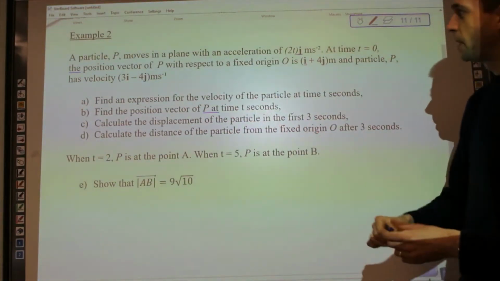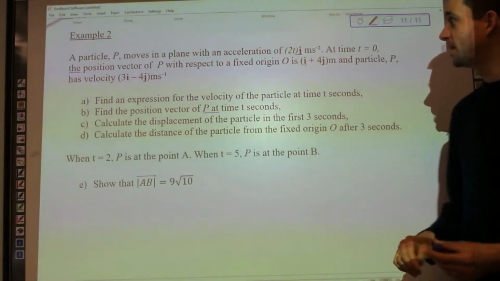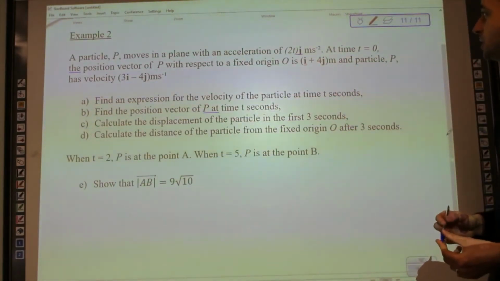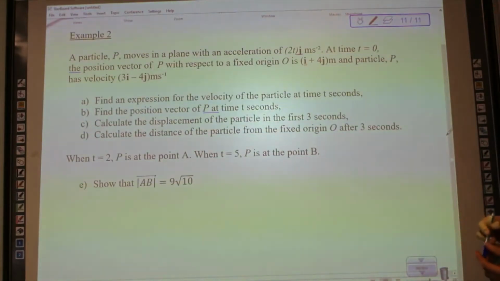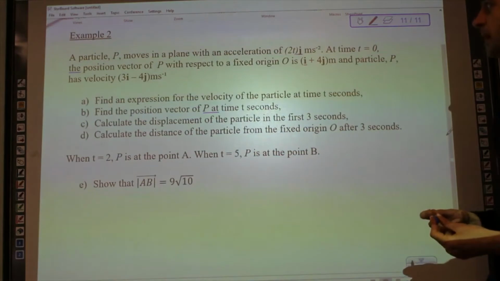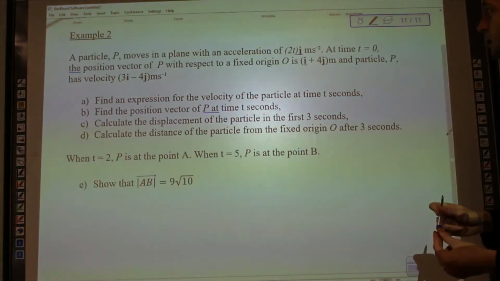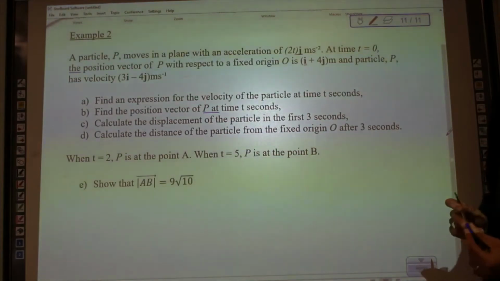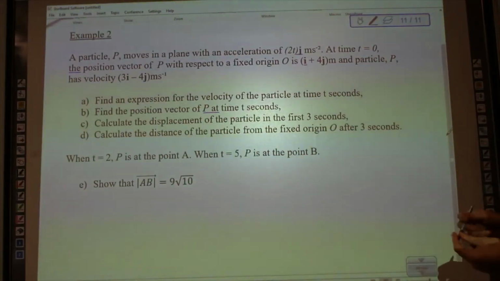A particle P moves in a plane with an acceleration of 2t j meters per second squared. At time t equals 0, the position vector of P with respect to a fixed origin O is i plus 4j, and the particle P has velocity 3i minus 4j.